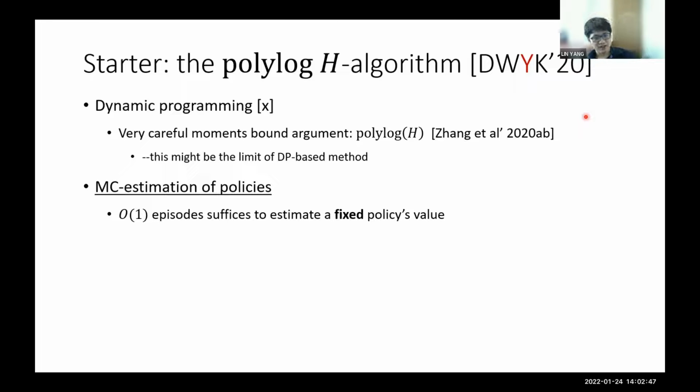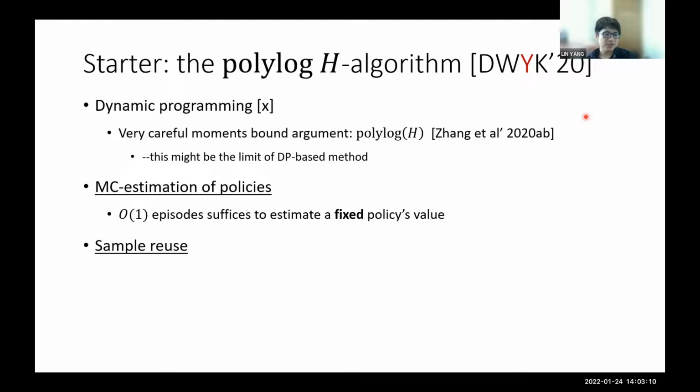That gives you a value estimator. Remember that our sum of rewards is upper bounded by 1, and the sum of the collected rewards is a random variable, but with variance upper bounded by order 1 per episode. In that sense, you only need order 1 episodes in order to get a good estimator for the mean of the value function. Okay, that's good.